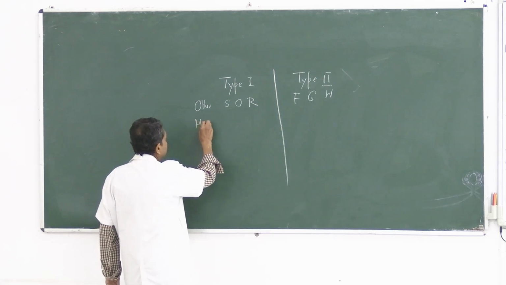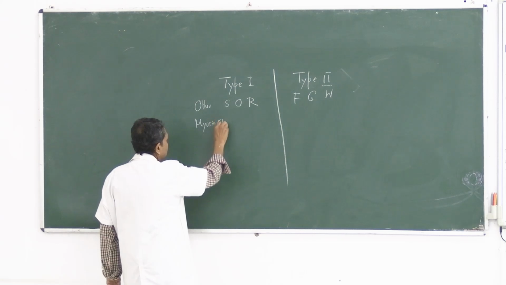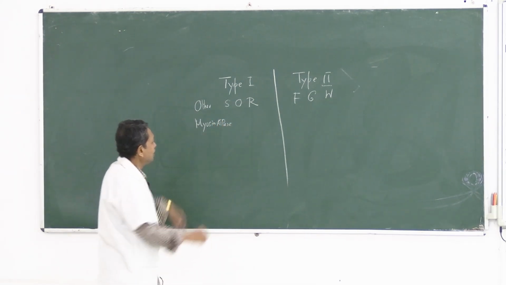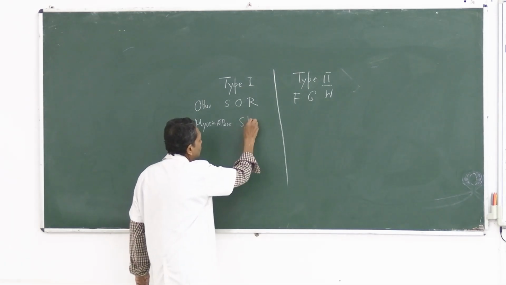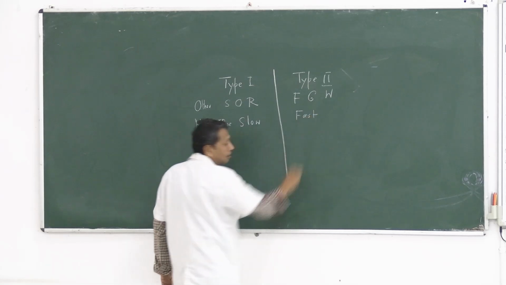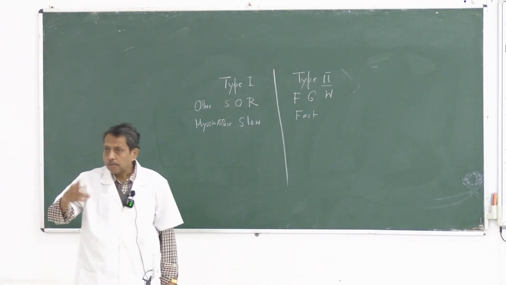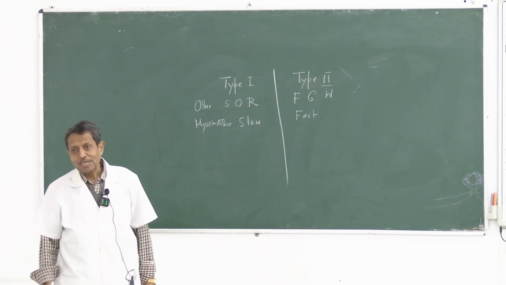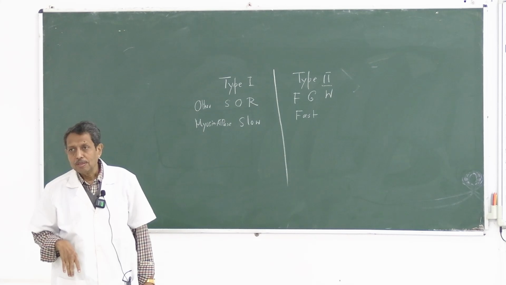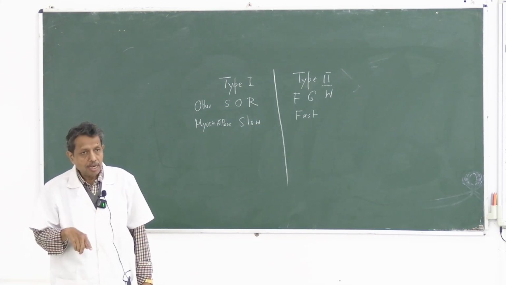Myosin ATPase activity: in this case it is slow and it is fast. Fast muscles require repeated contraction, and for this reason relaxation must be there. Quick contraction, and quick relaxation.